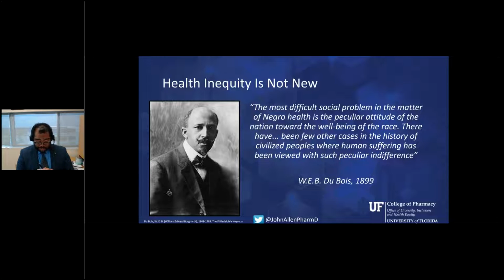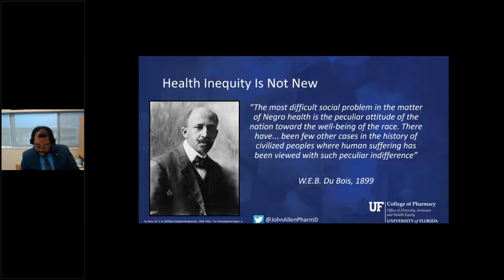Now, when we look in context at the late 19th and early 20th century, the predominant medical paradigm attributed many of the observed differences in health to innate biological differences between racial groups. But Dr. Du Bois saw that racial differences in health were more reflective of social, what he called social advancements.